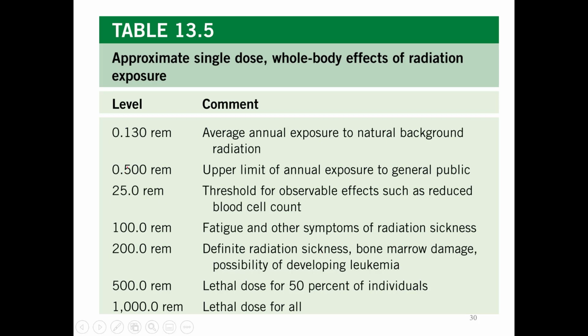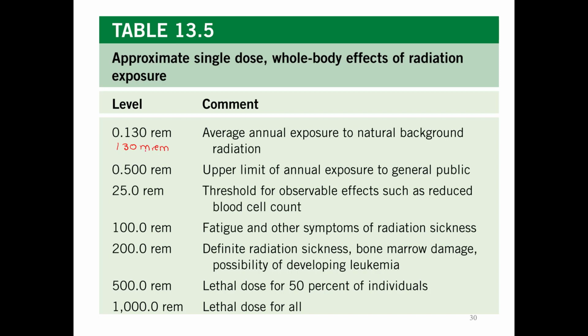Then we can see in this table the possible effects when we are exposed to radiation. The natural background radiation we receive in 1 year is about 0.130 REM, or the same as 130 millirems.